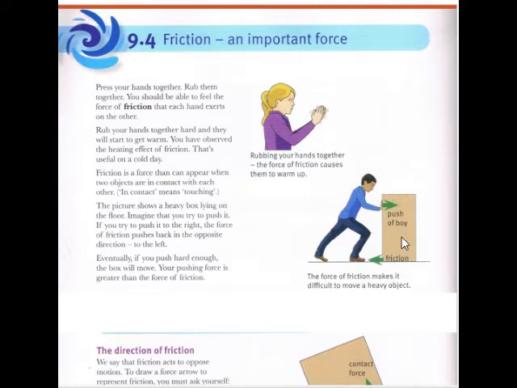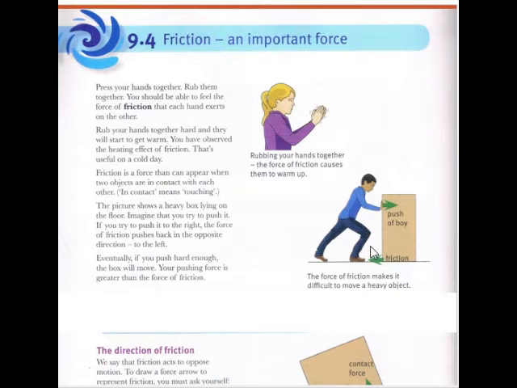Okay. If the force of the boy is not enough to make it move, it means that the friction force is bigger than the force. The opposite, students: if the boy gives a bigger force and then the object moves, it means that the force is bigger than the friction.